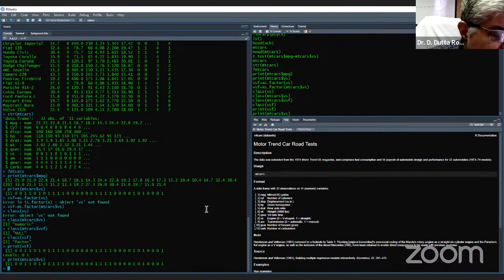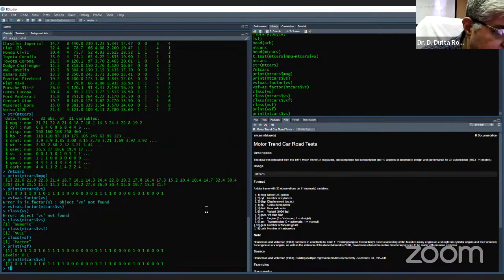But the only thing is that mtcars$vs is treated as metric or numeric data. When you change it to a factor, it will be vsf. So vsf is one vector. You are creating that vector. Is it clear?